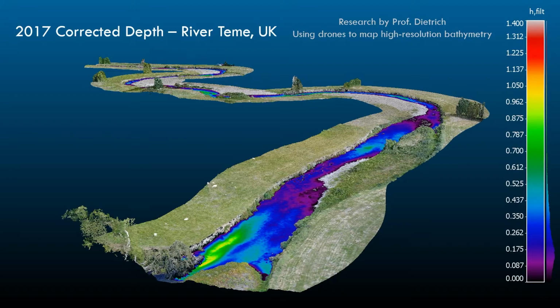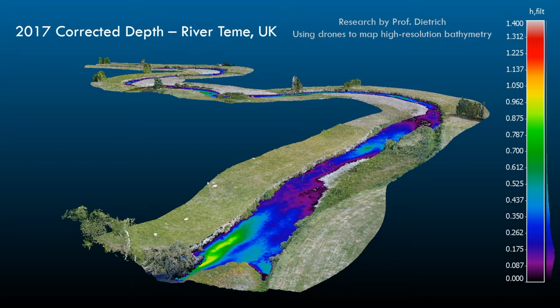Now, it takes a lot of data post-processing, but the point is that we can get really, really high resolution bathymetry measurements underneath the water simply from drone aerial photography. As we fly down this, you'll see that the colors in the stream are related to the depth.